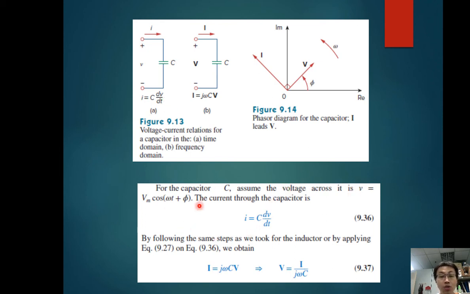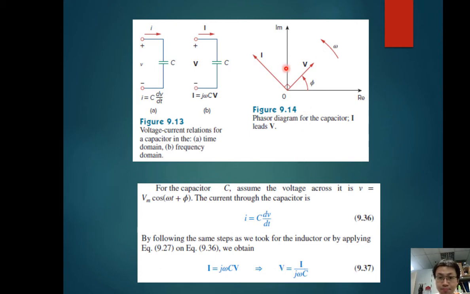So we assume V equals Vm cos(ωt plus φ). Same as before, we start with the cosine first, then differentiate with respect to time t, and do the same calculation. We will have I equals j ω C V, or V equals I divided by j ω C.